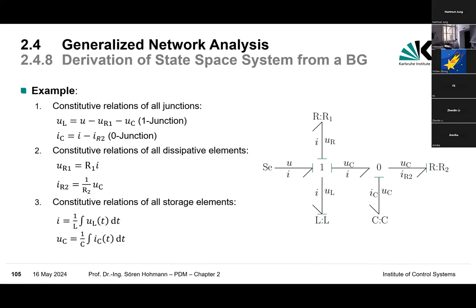So let's see, this is the wonderful thing. If you look at the storages which are given here, the only thing I have to know is UL. Obviously, UL is given by the causal stroke assignment over here. So I just have to insert, and then the state space is right here. It's down there. It's easy. The only thing again, you have to train it a little bit.